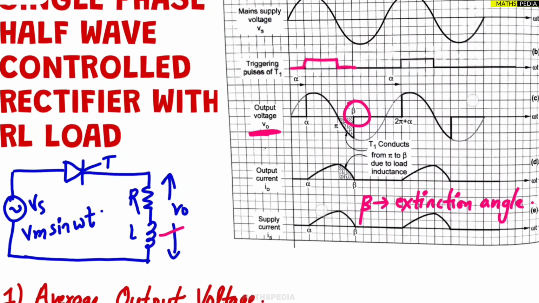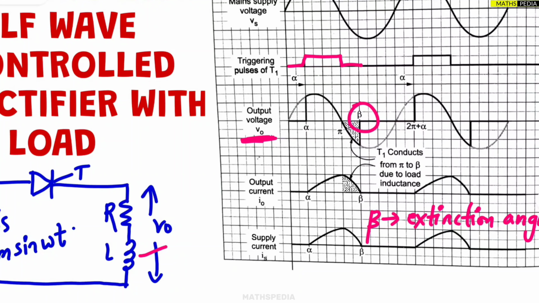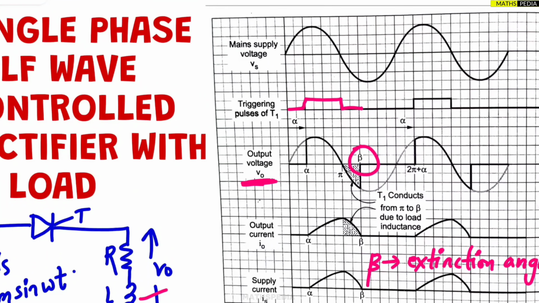Now if you observe the time period, which is basically from 0 to 2 pi we can consider. Okay, but the problem here is that the thyristor is not conducting from 0 to alpha. Alpha to pi, it is same as the V input.